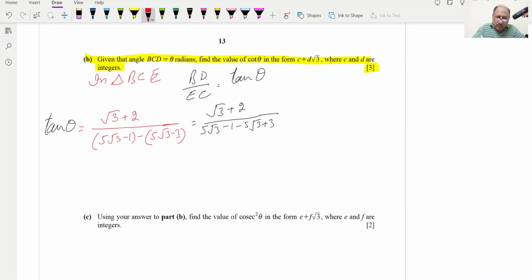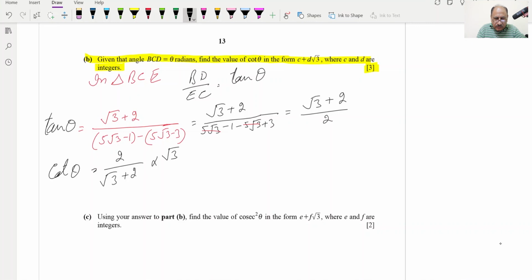Plus and minus will cancel this one and this one, and remaining will be root 3 plus 2 over, this will be 3 minus 1, so we can write here 2. So tan theta is equal to 2 over this, and cotangent theta we can take the reciprocal, so 2 over root 3 plus 2, and now we can rationalize.